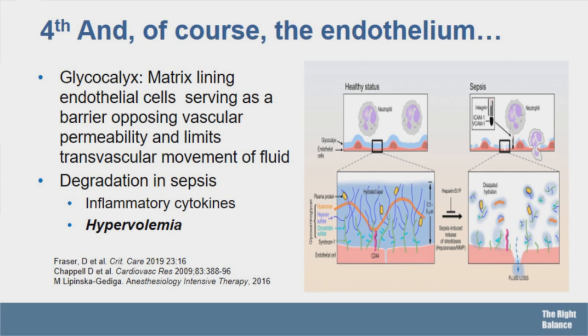And of course, we come back to the endothelium. So this is a whole lecture, a whole day actually, in and of itself. But what I want you to remember is that the glycocalyx is the barrier that opposes vascular permeability and limits the movement of fluid. Now that's degraded in sepsis. It's degraded in COVID. It's degraded in any hyperinflammatory state where you have cytokine mobilization.